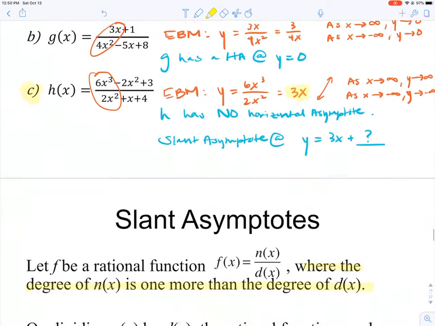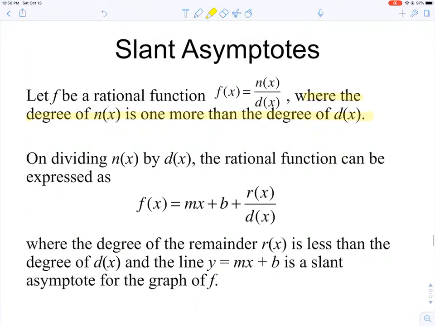Now if the degree of the numerator is, say, 2 more than the degree of the denominator, you can come up with an end behavior model, but it would be more like a quadratic. So as x approaches positive and negative infinity, your function would approach either positive infinity at both ends or negative infinity at both ends. If the degree were 3 more in the numerator than the denominator, the end behavior would be more like a cubic, and so on.